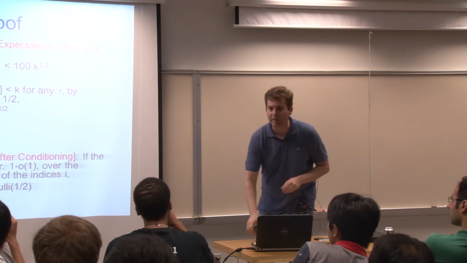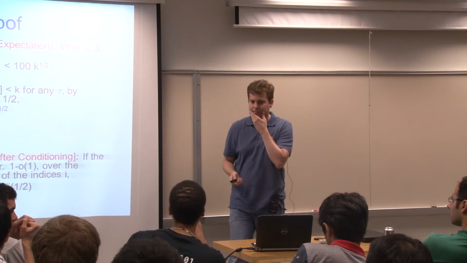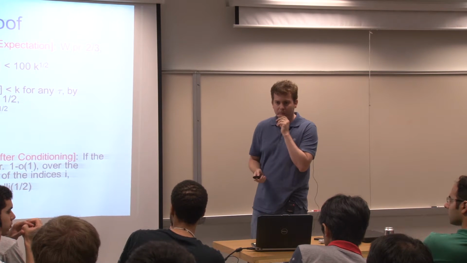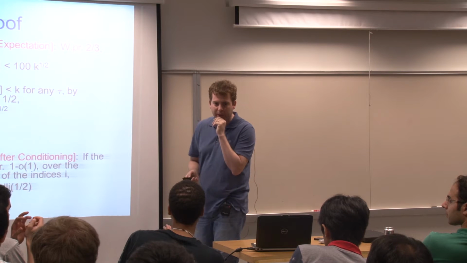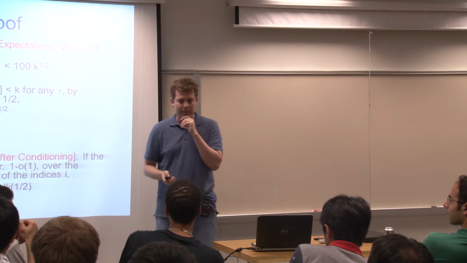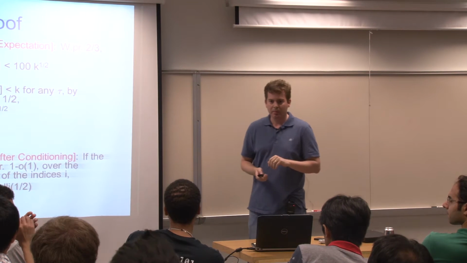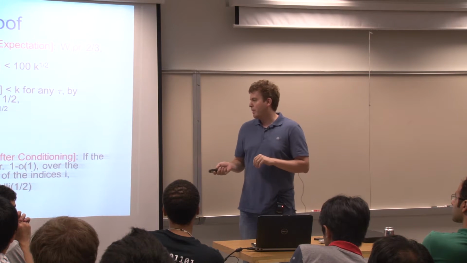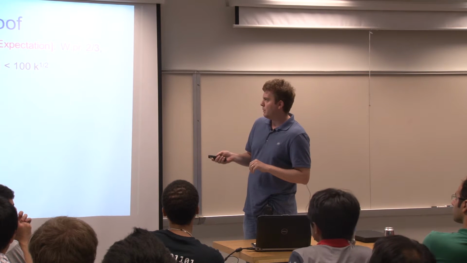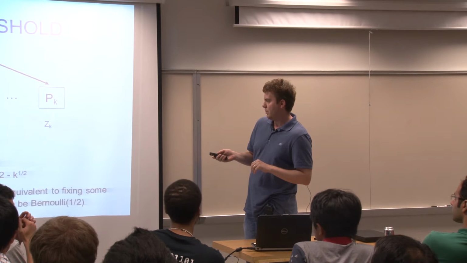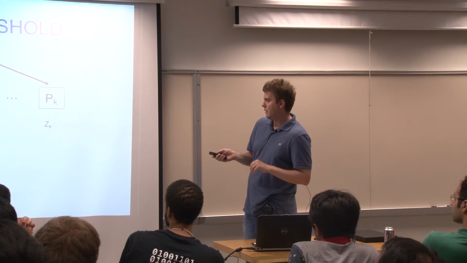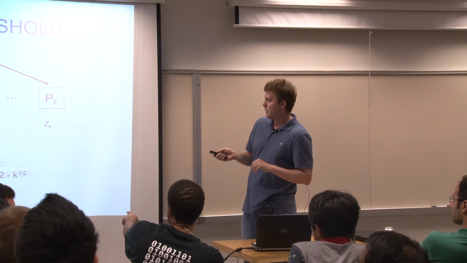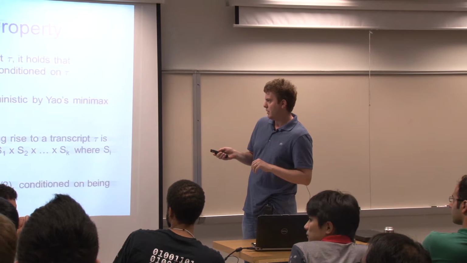Sorry. I think on the last slide maybe you already explained this, and I missed it. You said the zi's after you condition on tau, some are fixed, and the others are Bernoulli 1/2. The ones that aren't fixed, you know they're independent. Why do you know that they're still Bernoulli 1/2 and not something else? Because it's S1 cross S2, right?